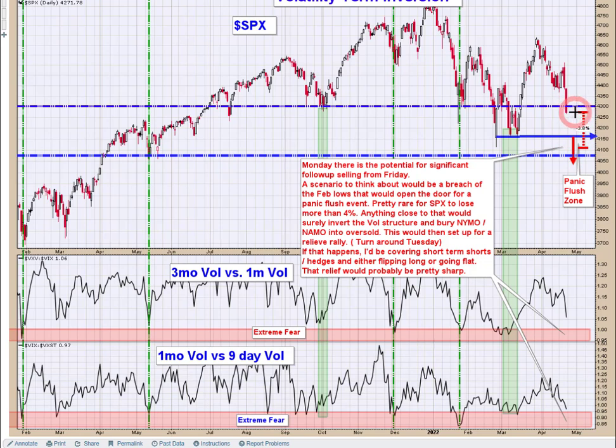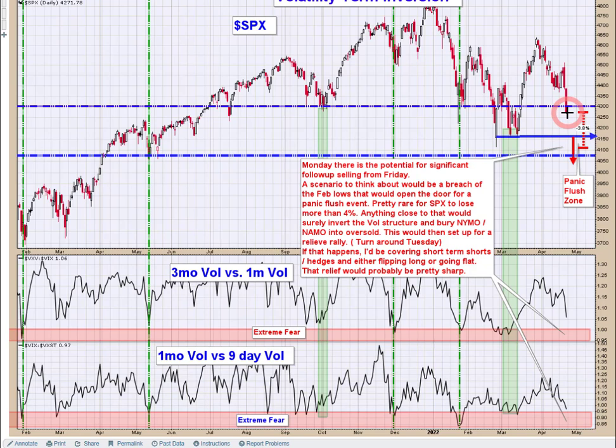And what I wanted to show you here is it's really hard for SPY to go down more than 4% in a day.